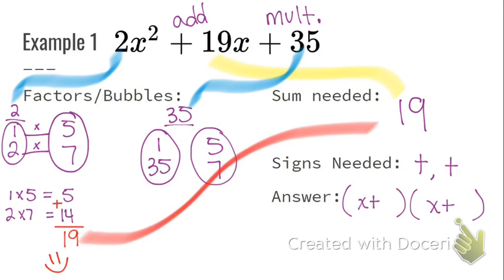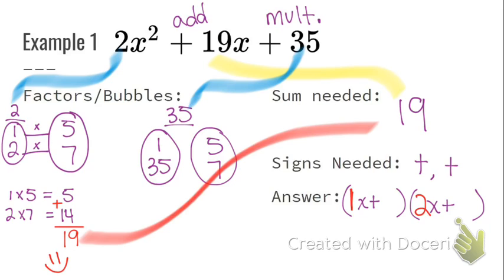So that means this bubble combination is what is going to work out. Okay. The first bubble tells me the coefficients to put in front of my x's. So I know I need a 1 in front of one of the x's. I need a 2 in front of the other x.